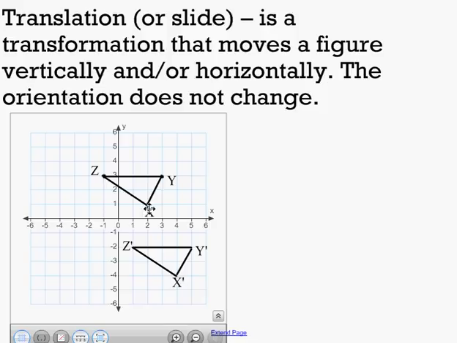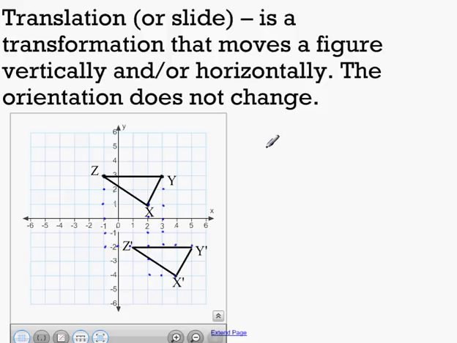It's being shifted down 1, 2, 3, 4, 5 boxes and 2 boxes to the right. And the same happens for each vertex. So 1, 2, 3, 4, 5, and then 2 units to the right. That's the translation that's taking place here.